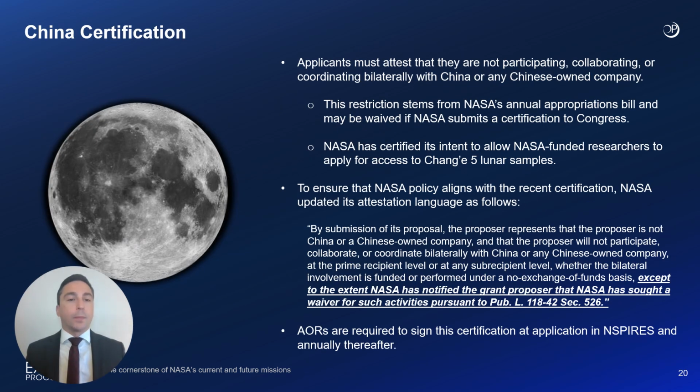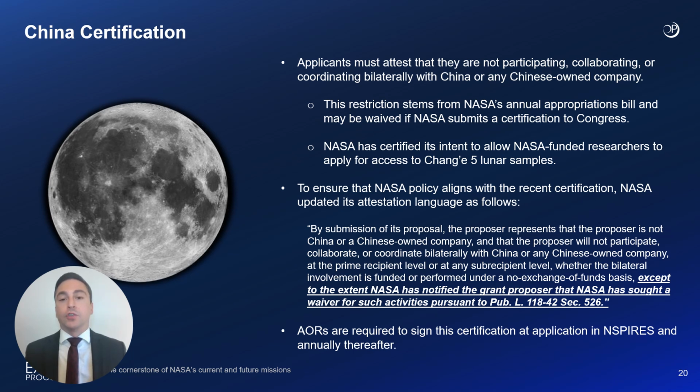NASA has also updated our certification regarding bilateral cooperation with the People's Republic of China. In compliance with NASA's annual appropriations bill, applicants must attest that they are not participating, collaborating, or coordinating bilaterally with China or any Chinese-owned company. However, this restriction can be waived if NASA submits a certification to Congress in accordance with requirements in our appropriations bill.